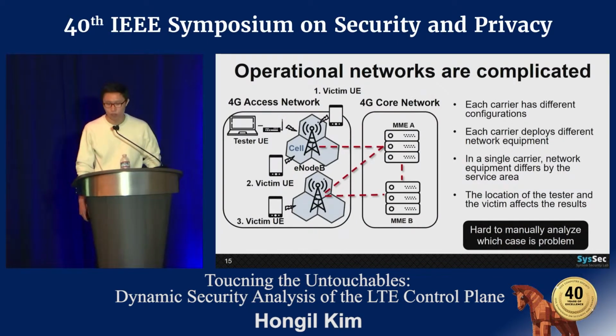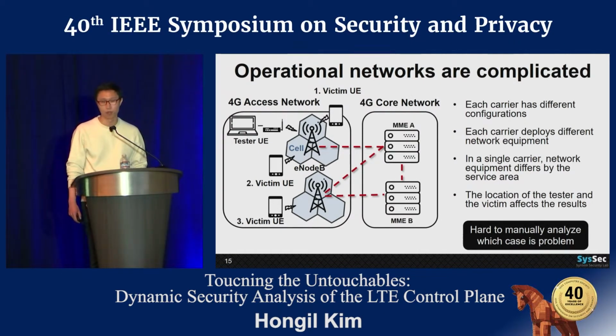The big challenge here is that so many different behaviors are observed from each test case. It is because each carrier has different configurations and deploys different network equipment from different network vendors. Even in a single carrier, network equipment differs by service area.